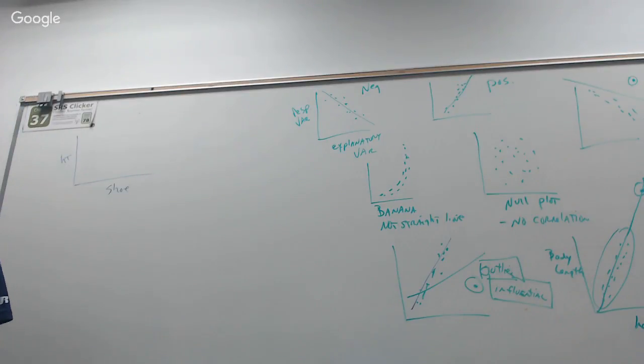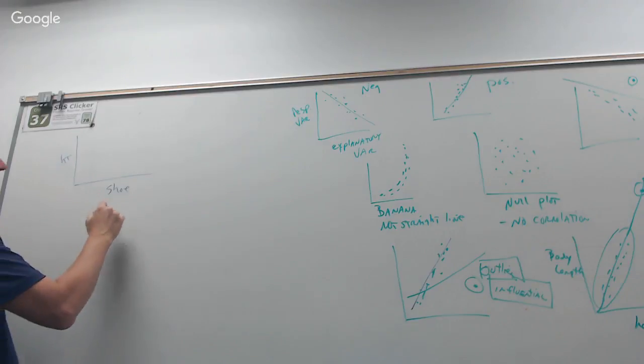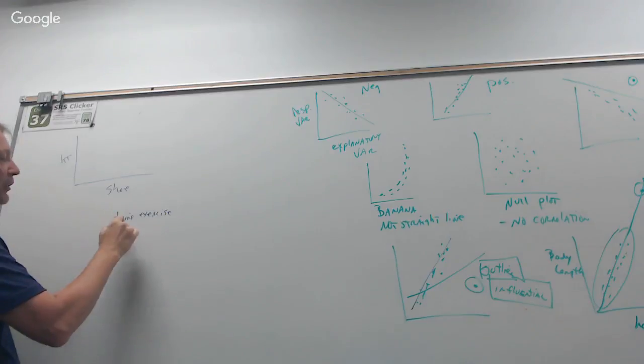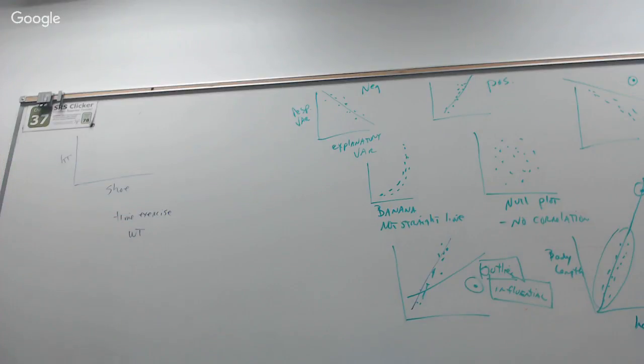Let's say I've got two variables, time spent exercising and your weight. Do you think those might be correlated? Probably. Okay, so now the question is, we think they're related, which one is the explanatory?